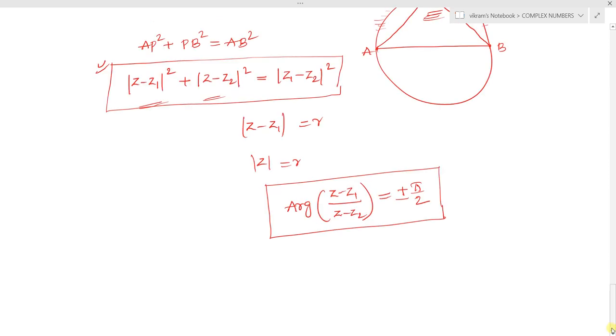Now next we will discuss the ellipse, how to represent the ellipse using complex numbers, which is the sixth one. The ellipse is represented by mod of z minus z1 plus mod of z minus z2 equals some constant k.